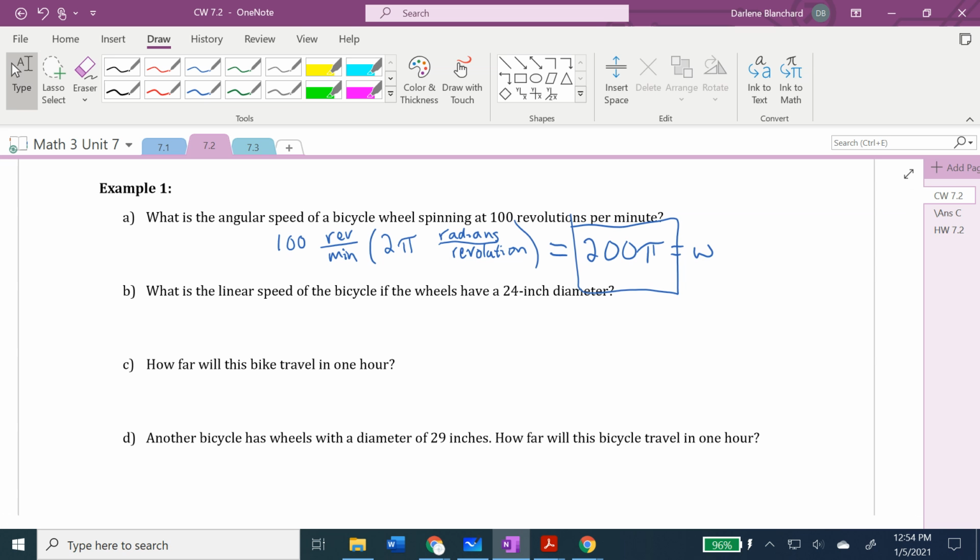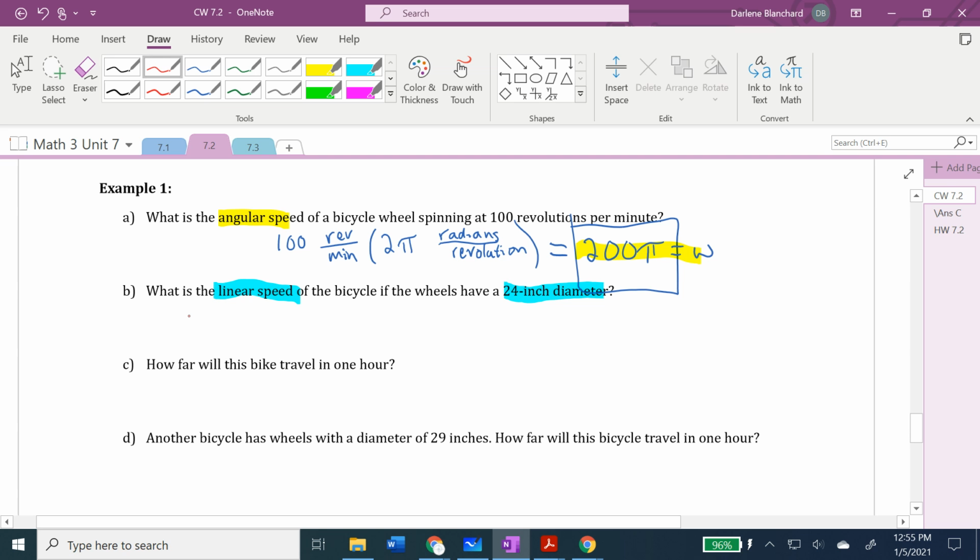Now, realize that I know my angular speed. Now this is asking, what is the linear speed if the wheel of this bicycle has a 24-inch diameter? Now let's remember, what is linear speed?